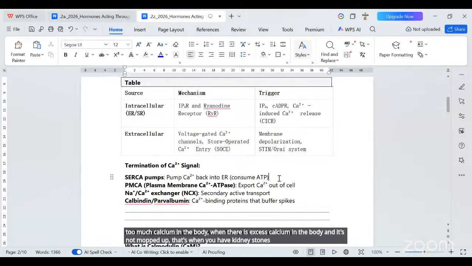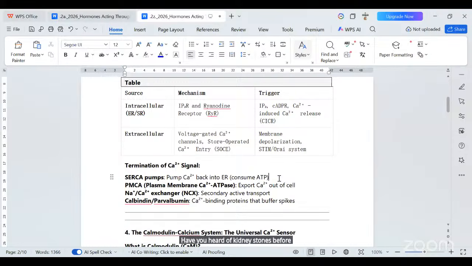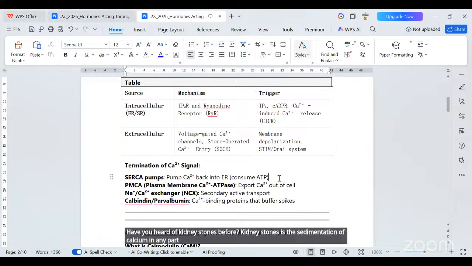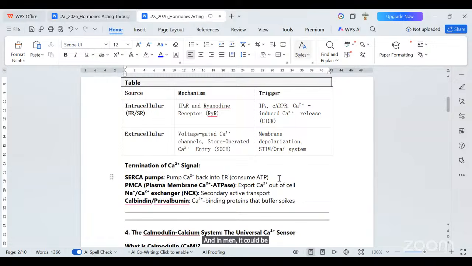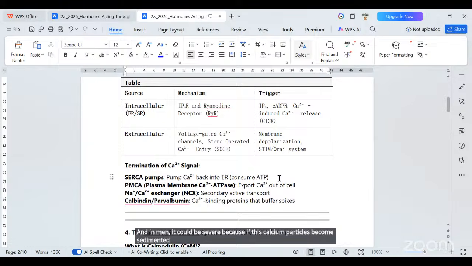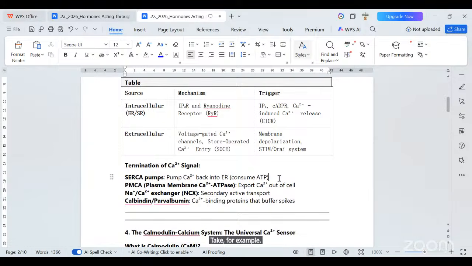Have you heard of kidney stones before? Kidney stones is the sedimentation of calcium in any part of the body. And in men, it could be severe, because if these calcium particles become sedimented, for example in the urinary passage, some men will find it difficult to pass urine, or they'll be passing urine with excruciating pain.